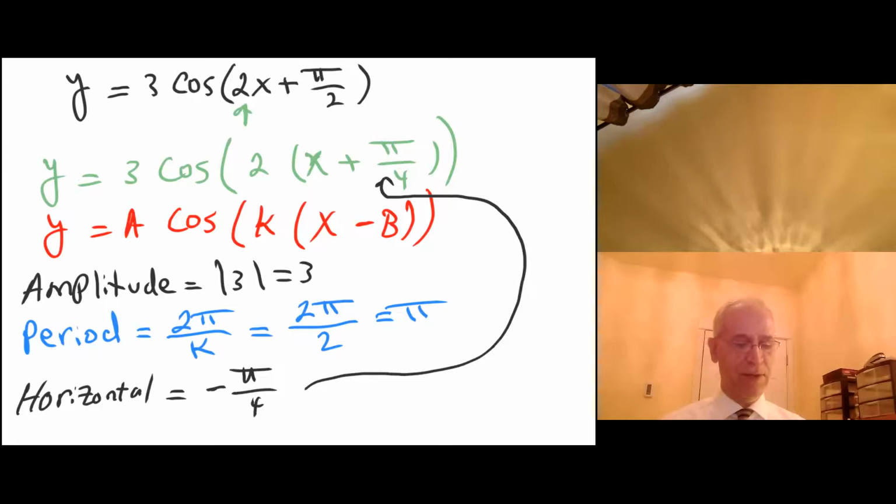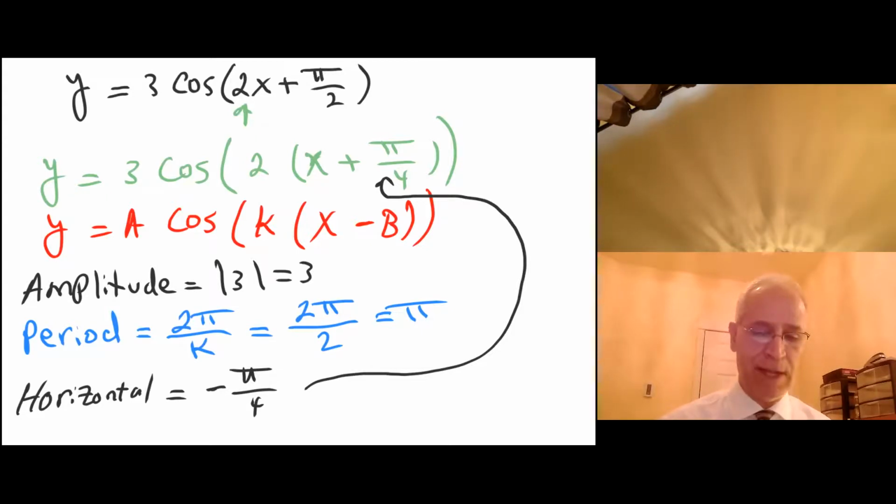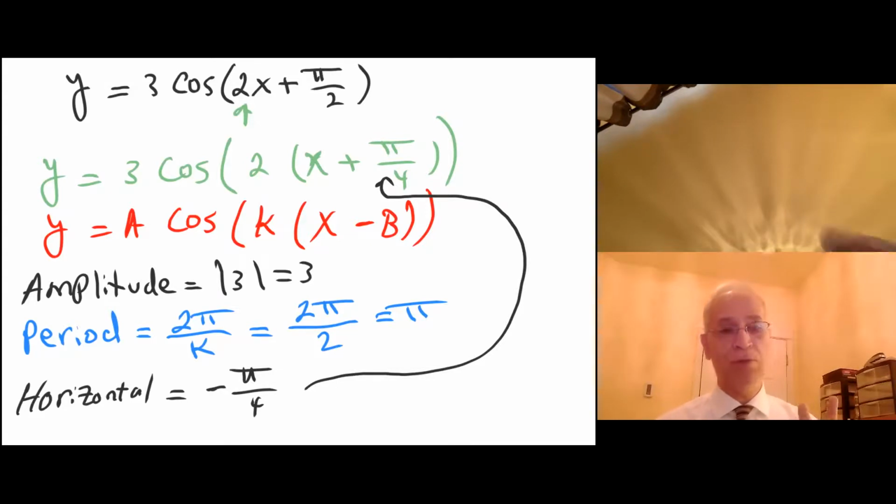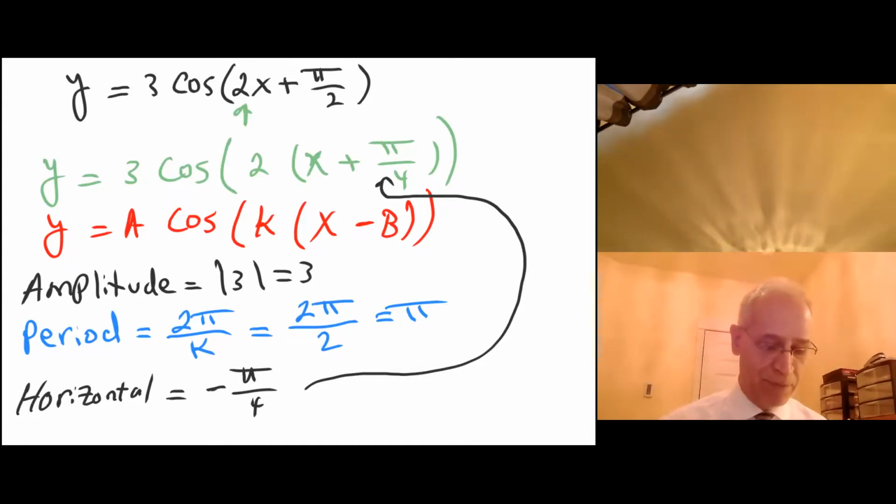And of course, as you can see, we got the same number. Both of them are the same. To me, it really doesn't matter, but I know sometimes you get confused because you look in different places and think things are not consistent, but they are. You have to be careful because there are two different formats to find the amplitude, the period, and the horizontal shift.